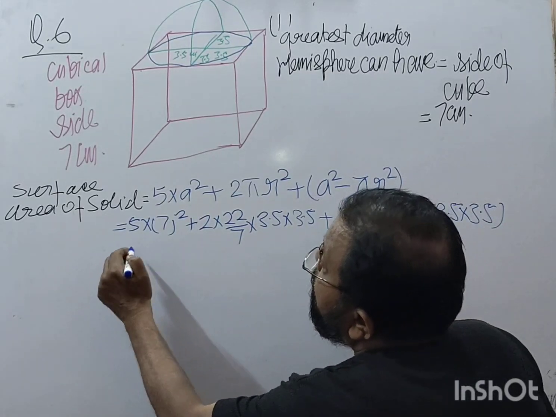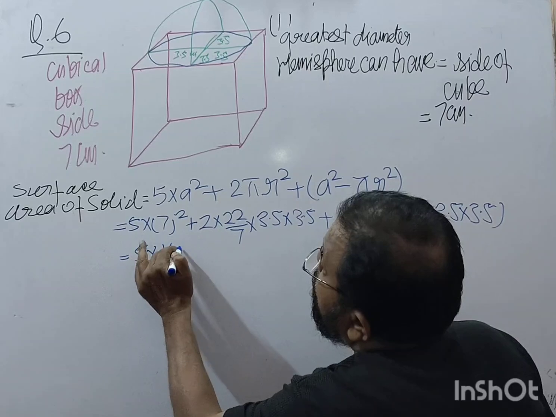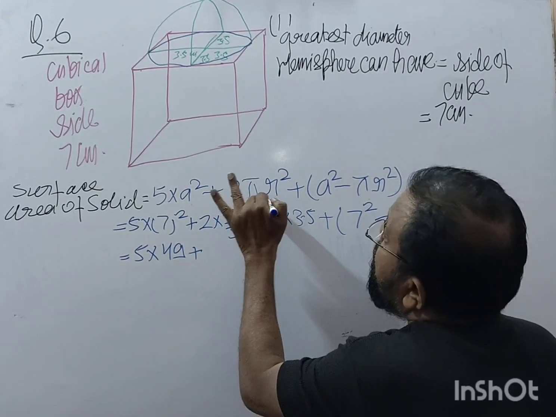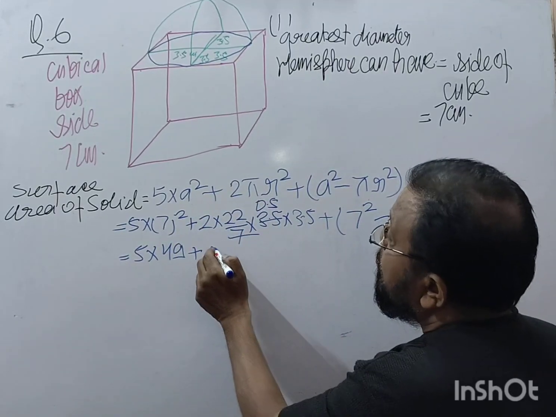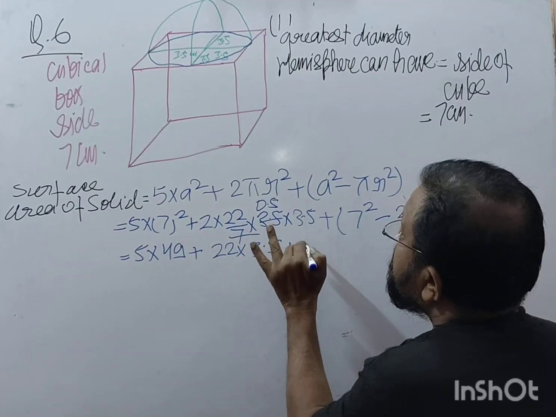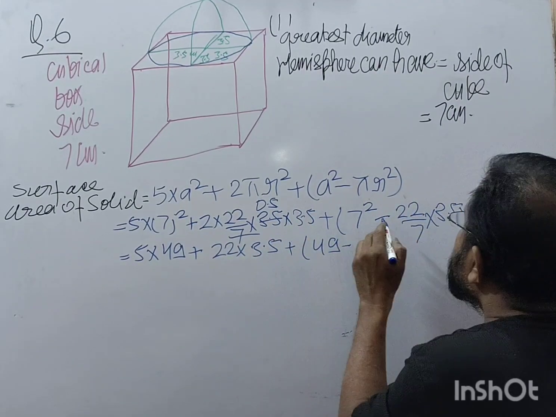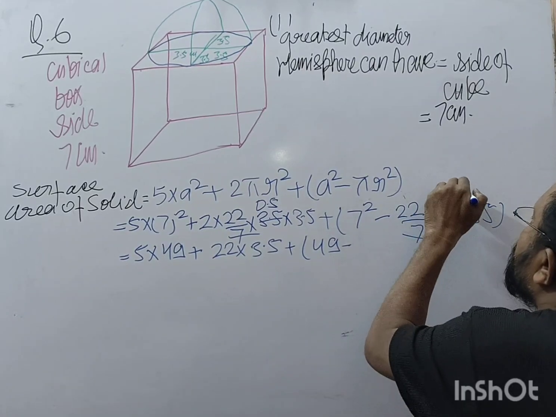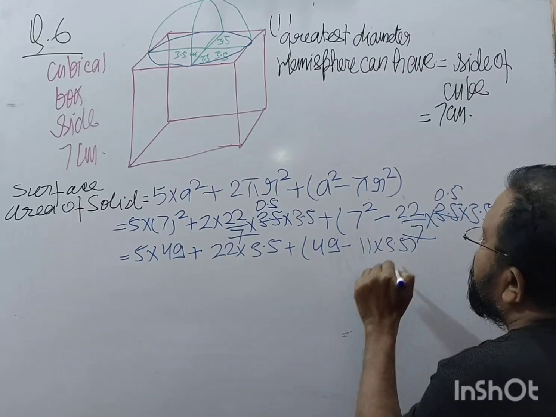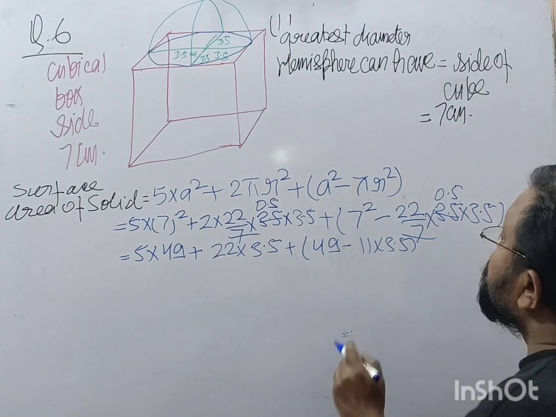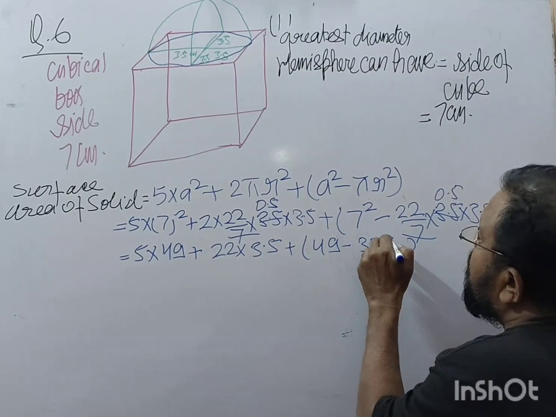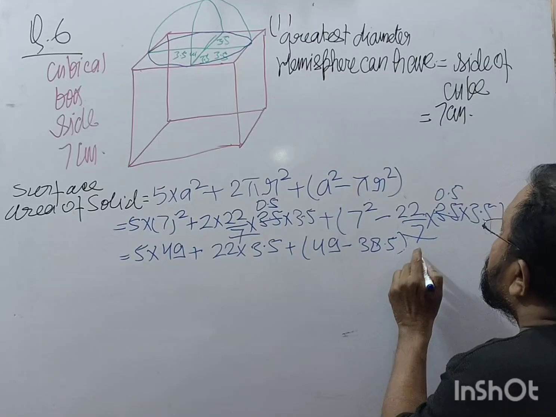So now we have 5 into 49 plus 7 is 0.5, 1, right? So 22 into 3.5 plus 49 minus 0.5, 11 into 3.5. So it will be 38.5. You get this? Yes.